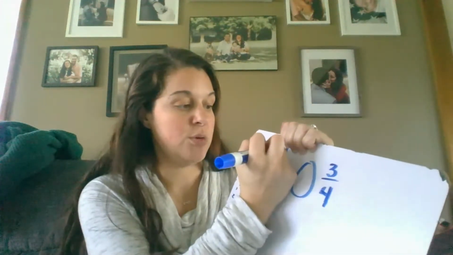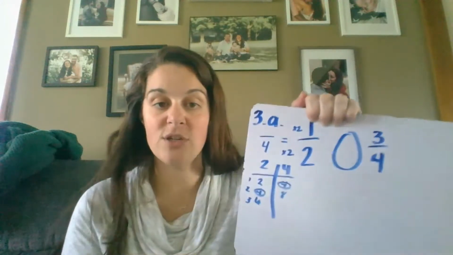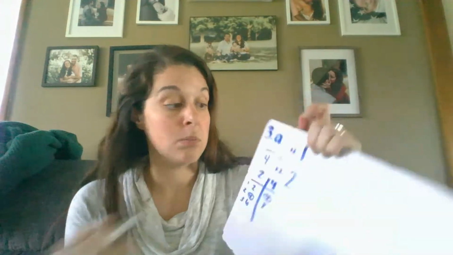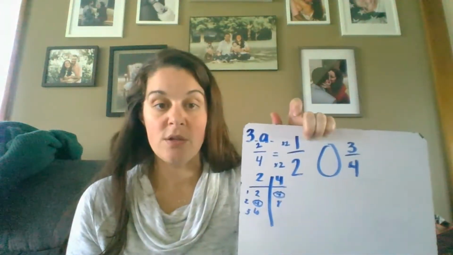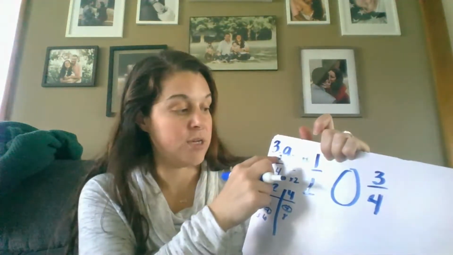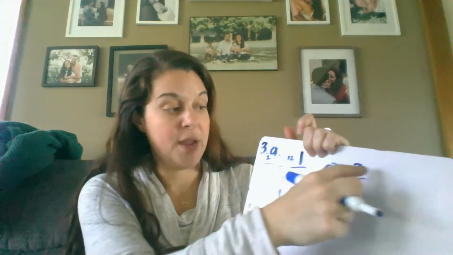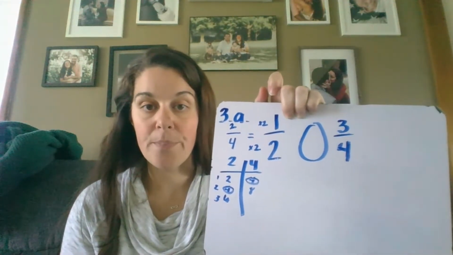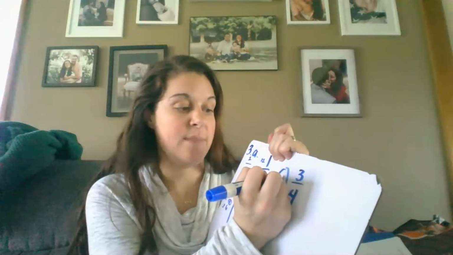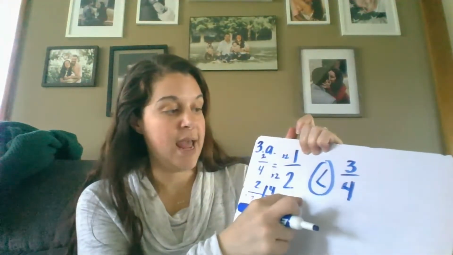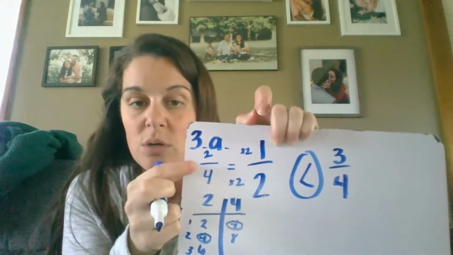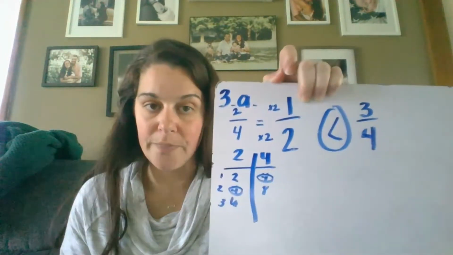Now what I do to the denominator, I have to do to the numerator. 1 times 2 is 2. So now I'm comparing 2/4 to 3/4. What symbol is going to go in there? Less than, absolutely. Because 1/2 is less than 3/4 because 1/2 is equivalent to 2/4.